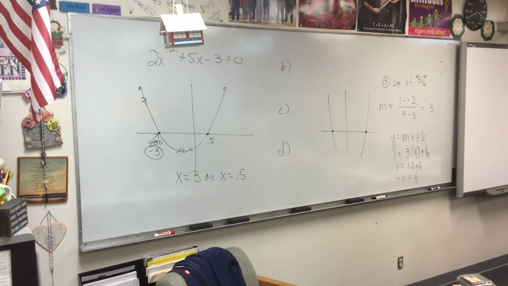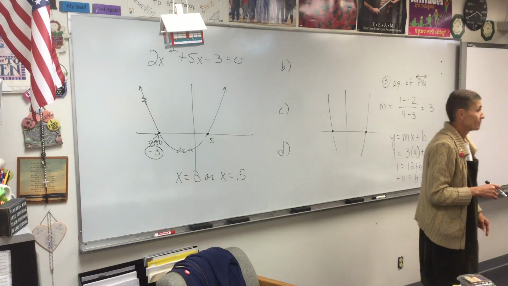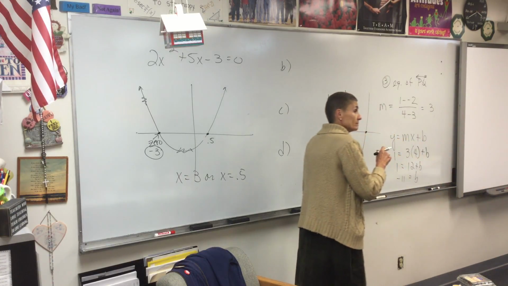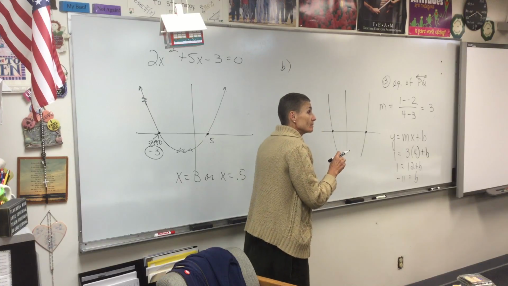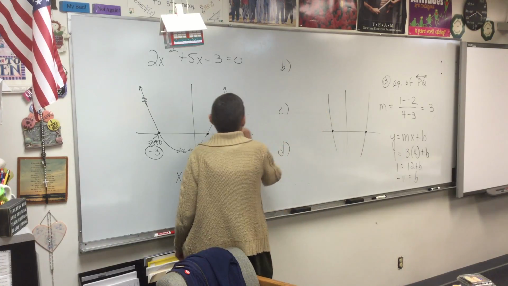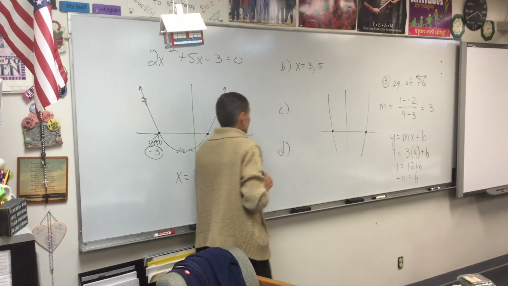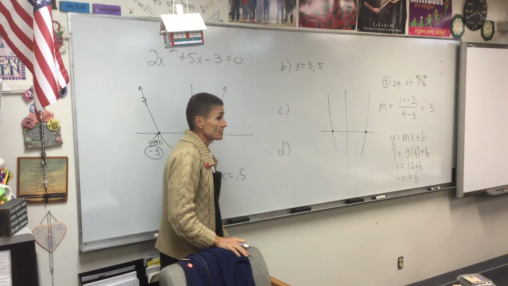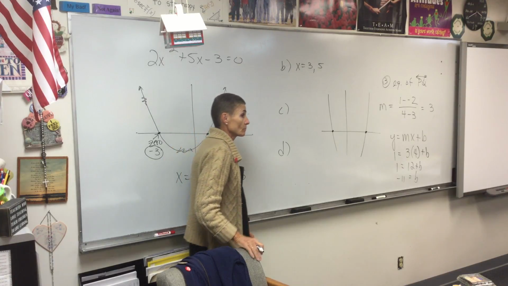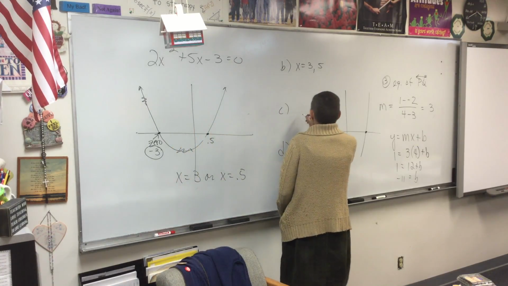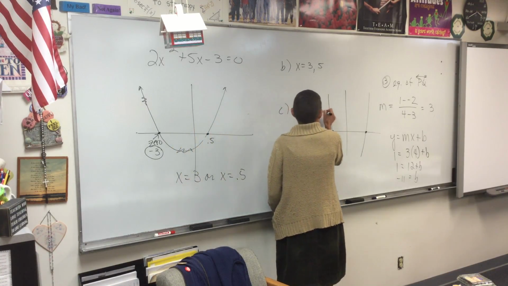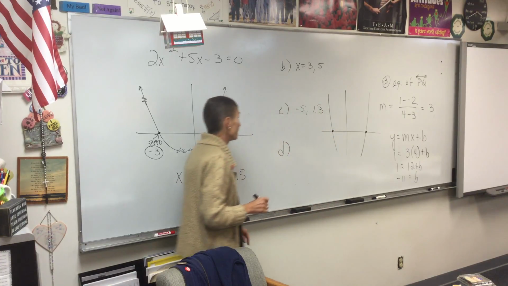You got an answer for your problem, B. What did you get as your roots? 3 and 5 for the first one. All right. How about you guys in the middle? Have you gotten yours yet? I got 1.3 and -5, and I think it's 1.3 repeating, isn't it? Yep.